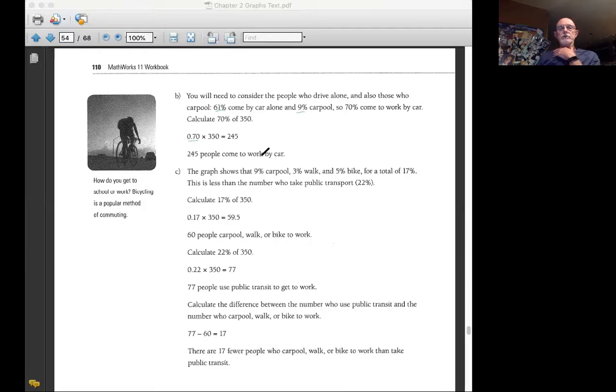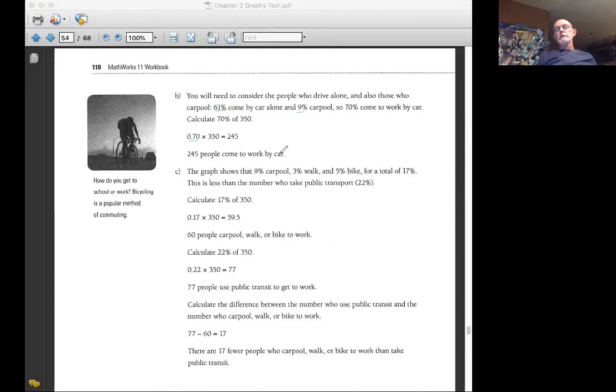Then it asks you another question on the previous page. I'm not going to flip back and forth. It asks what percentage of people walk to work. They're asking you to compare public transport with other modes of transportation.